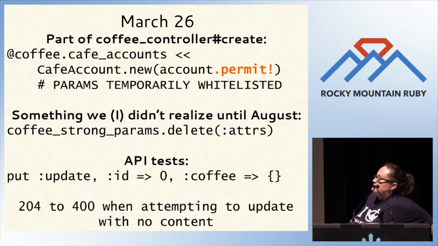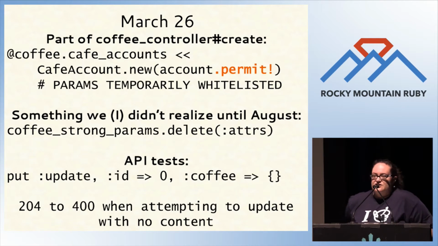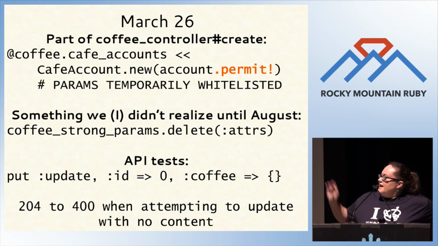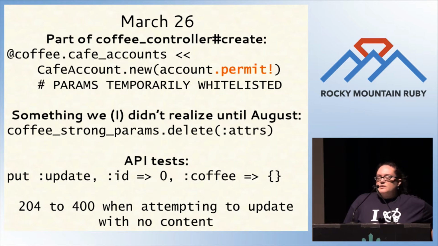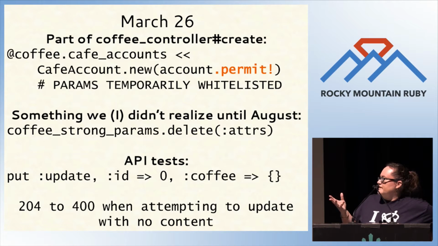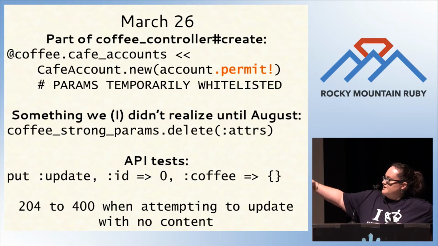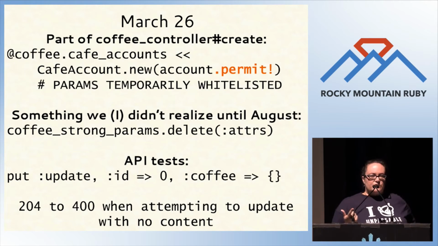And then finally, we learned in some of the tests, they happen to be API tests, because what I didn't say is this controller, we also had 3 API controllers and I think one other miscellaneous controller. Anyway, we learned in there, when we were passing in an empty hash for the object, in this case the coffee object, and running an update, sometimes we wanted to make sure the right error code was coming through.